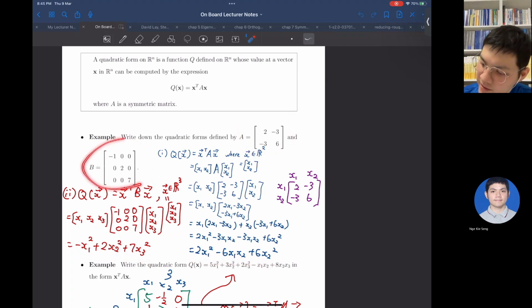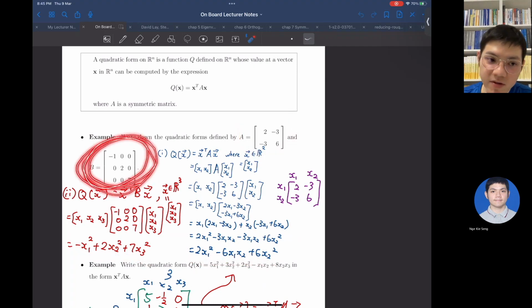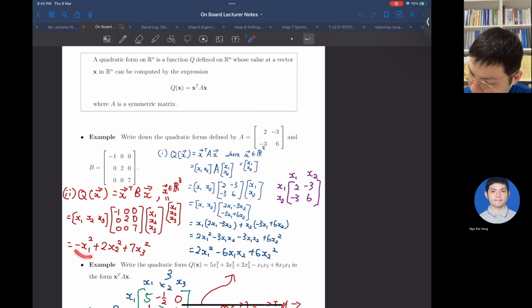We observe that in B, the diagonal terms appear inside the quadratic form just as squares of variables. While if we have an off-diagonal non-zero term, then the cross product term will appear.